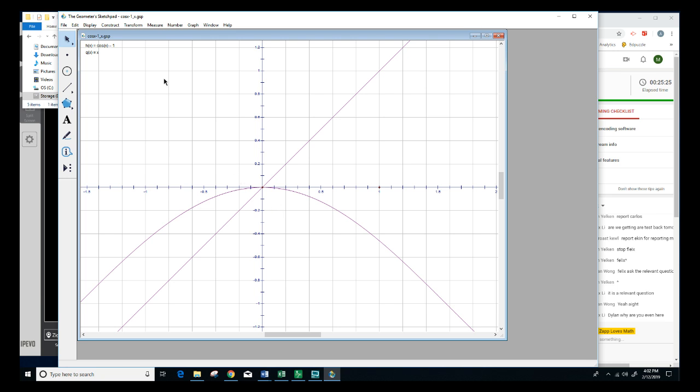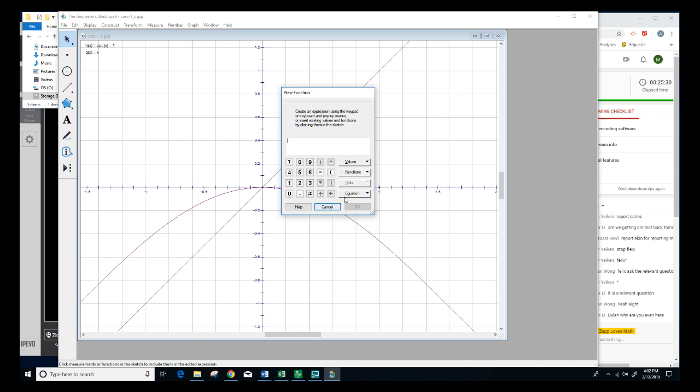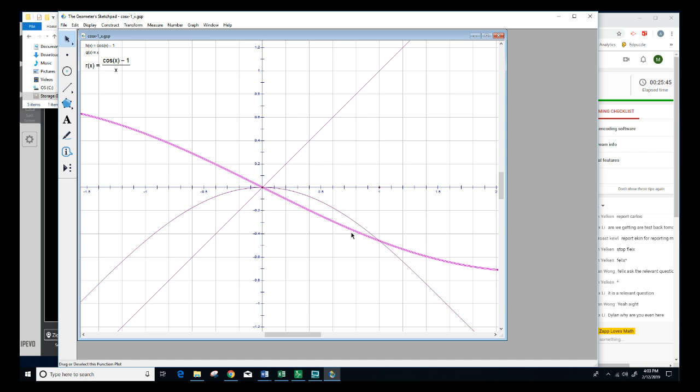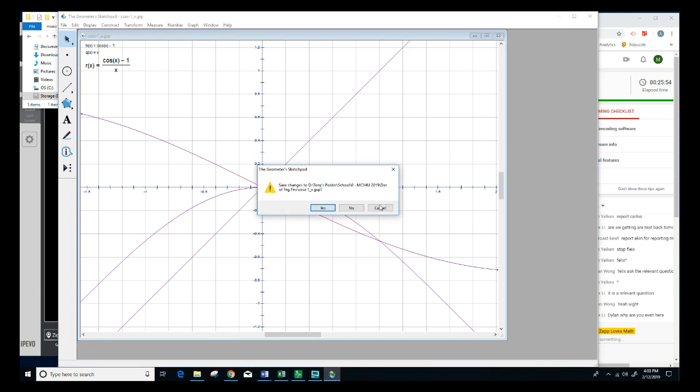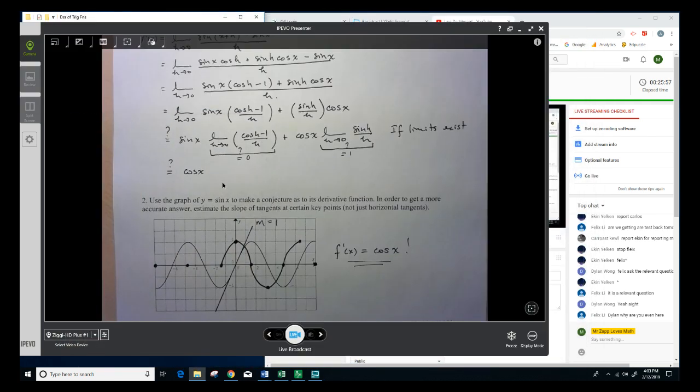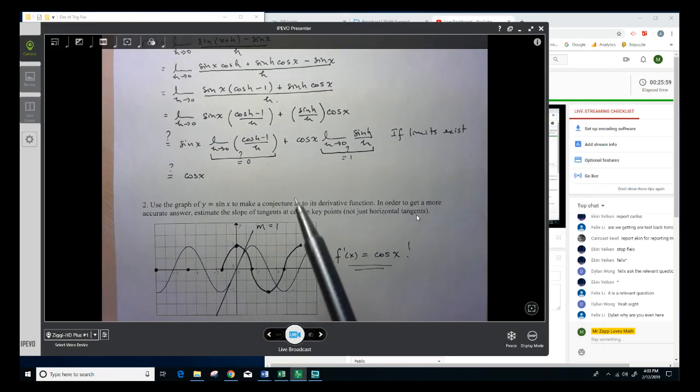If we want to confirm that, let's graph cos x minus 1 over x. And we see that as we approach 0 from both the left and right, that function does approach 0. So that seems to justify the conjecture that we made.